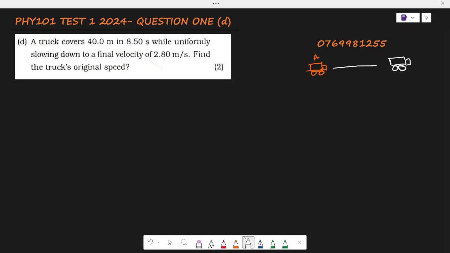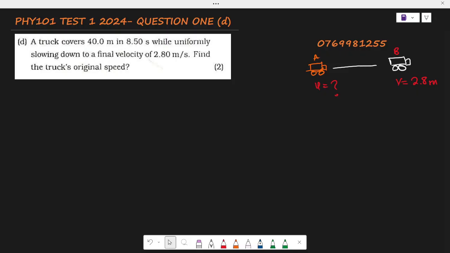So now we can take the speed at position A to be the initial speed, and the speed at position B to be the final speed. So we don't know this speed, but we know this speed to be 2.8 meters.